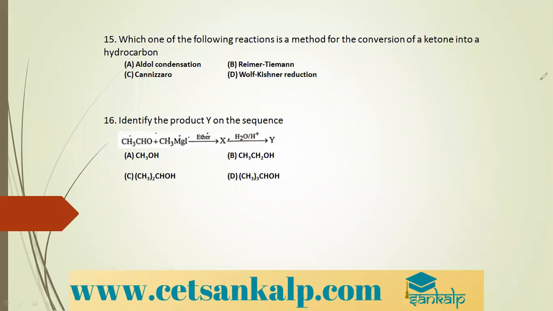We have seen reactions wherein an aldehyde or a ketone can be oxidized to carboxylic acid. Aldehydes and ketones can be reduced to alcohols. If it is an aldehyde, you get primary alcohol. If it is a ketone, you get secondary alcohol.